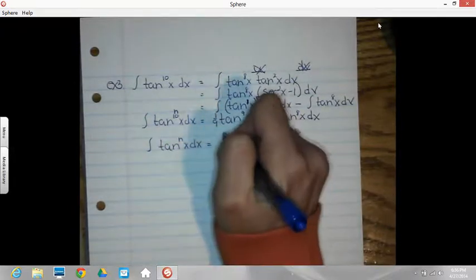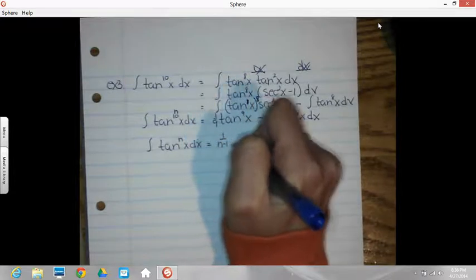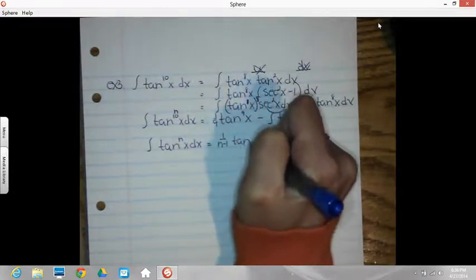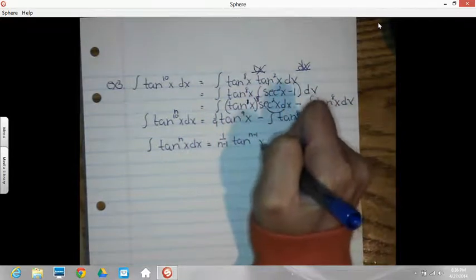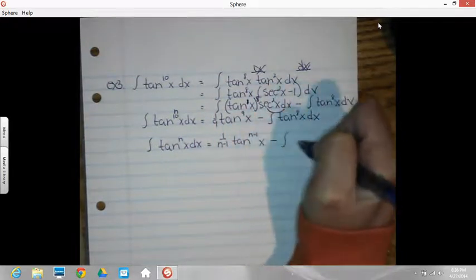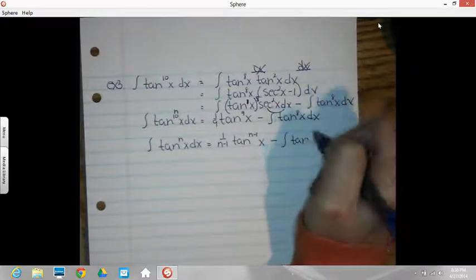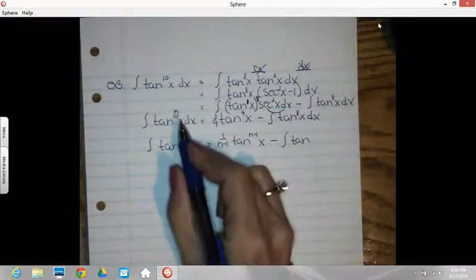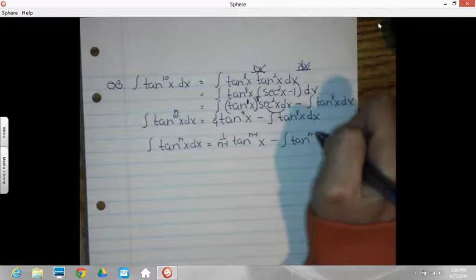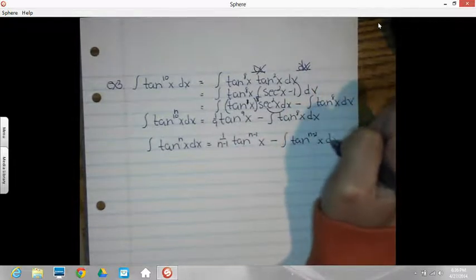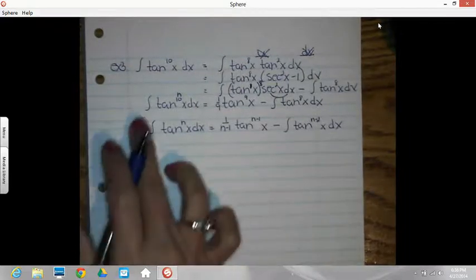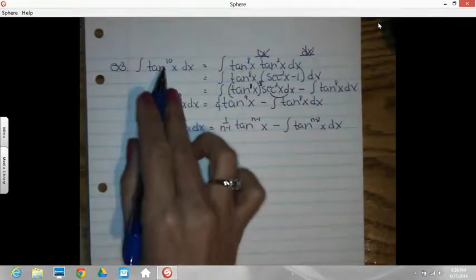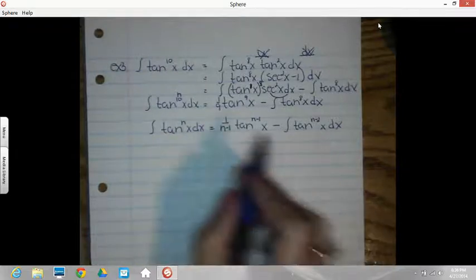So it looks like 1 over n minus 1 times tan to the n minus 1 x minus the integral of tan, this time I've got an 8 compared back to my 10, n minus 2 x dx. Okay, so our goal this time now is to repeat this whole problem starting with the nth case and see if we can get this.